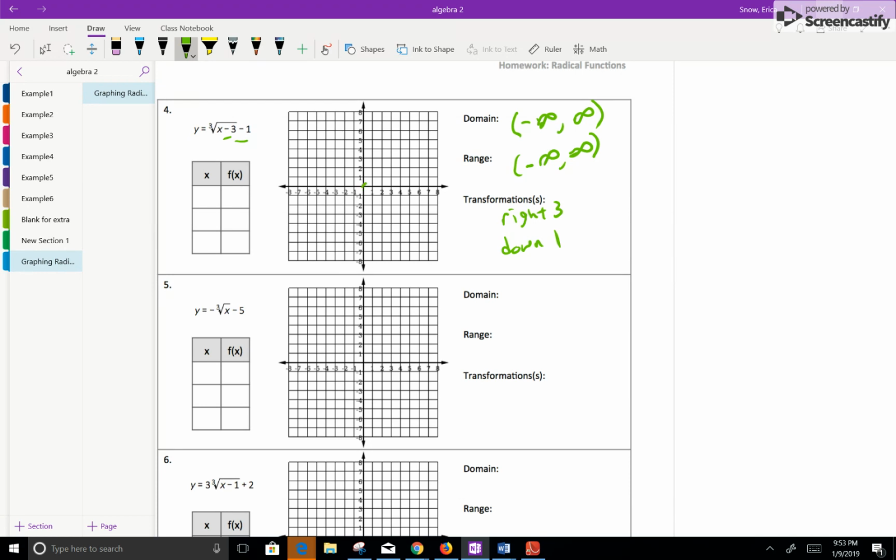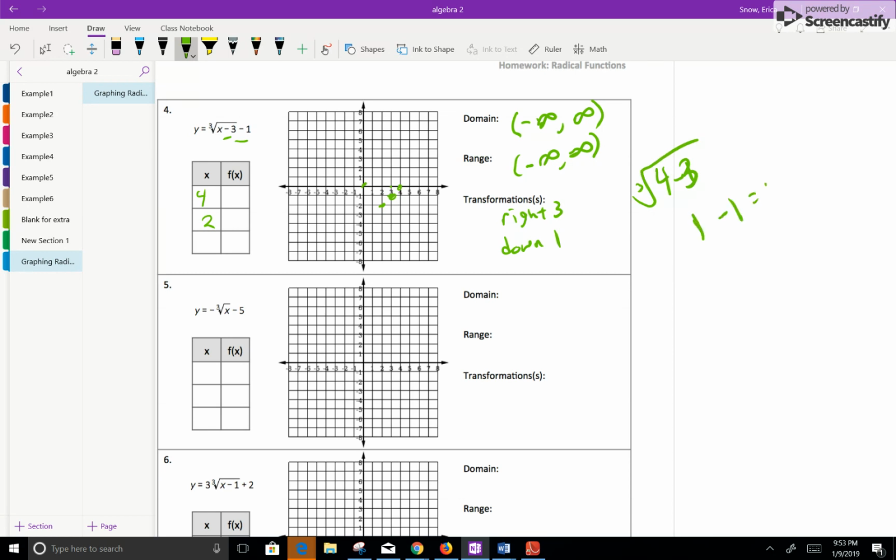So typically I'd be at 0, but I'm going to go 3 and down 1, up 1 over 1, down 1 over 1. So over 1 should give me 4 and 2 on either side of that 3. If I plug in 4, I get the cube root of 4 minus 3, which is 1.